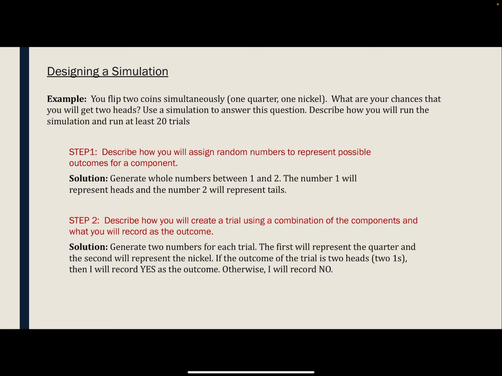The first number will represent the quarter, and the second will represent the nickel. If the outcome of the trial is that I get 2 1s, I'm going to record yes for the outcome, meaning yes, I got 2 heads. If I get anything else, if I get 2 2s or a 1 and a 2 or a 2 and a 1, I'm going to record no. This is going to make more sense on the next page.